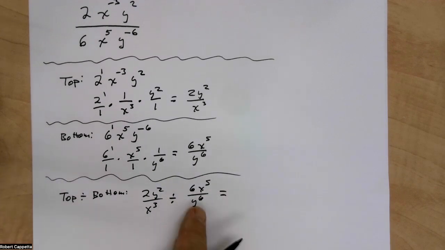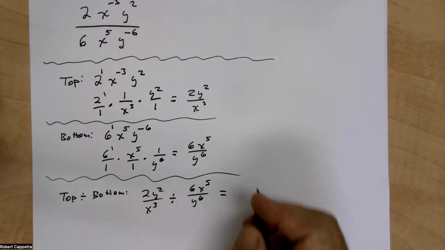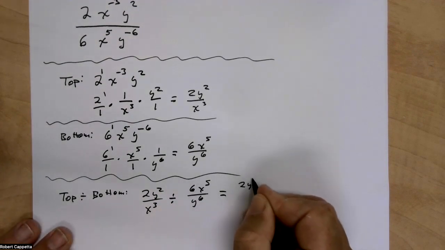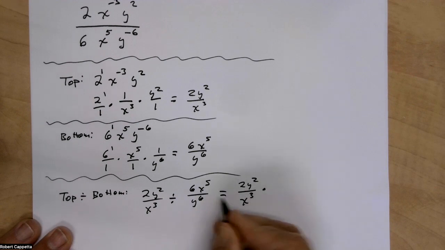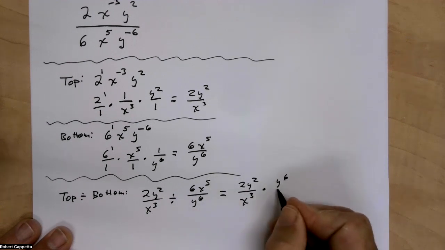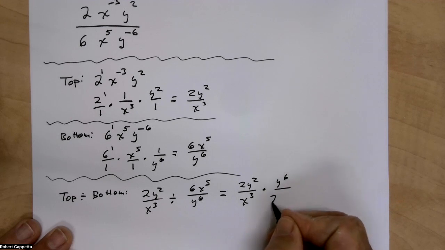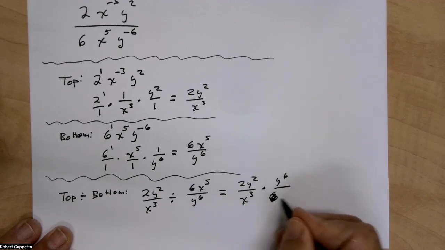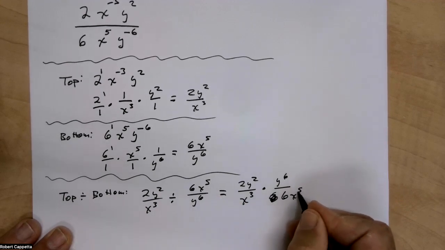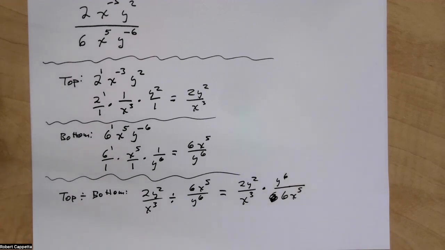Just remember, when you divide fractions, you multiply by the reciprocal. So we'll say 2y squared over x cubed times the reciprocal, y to the 6th over 6x to the 5th.